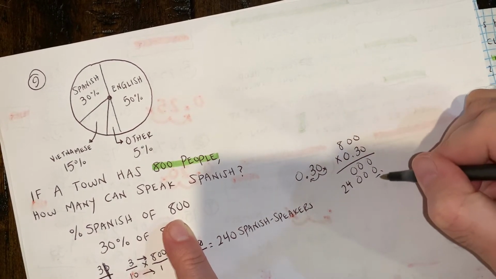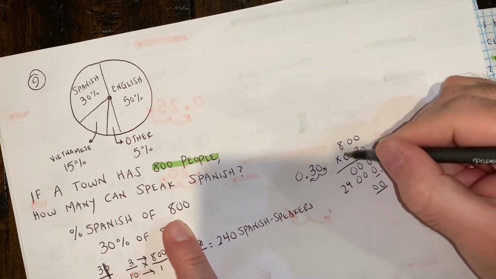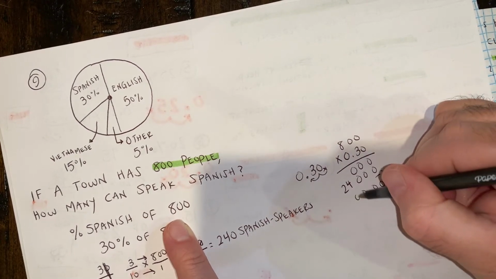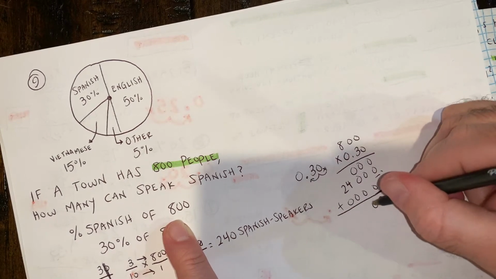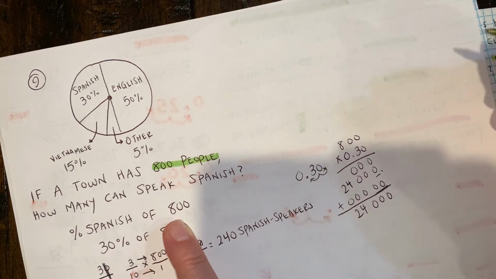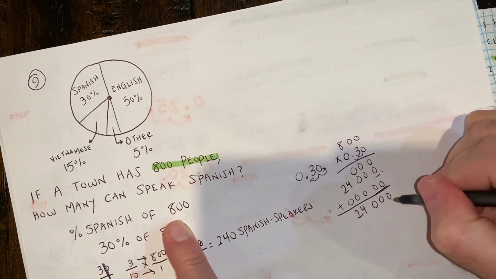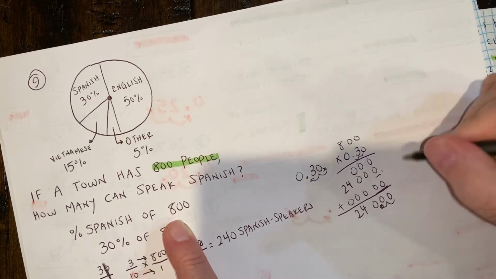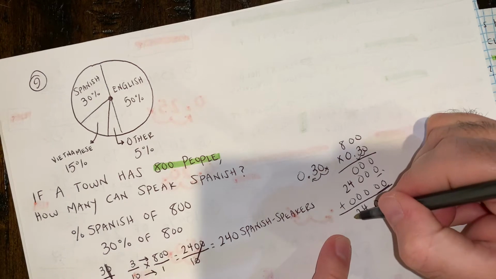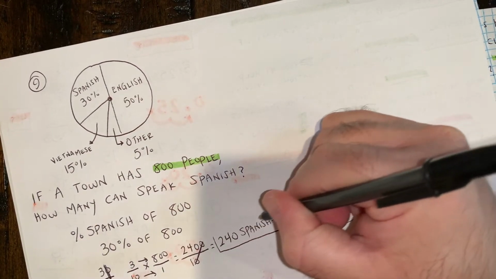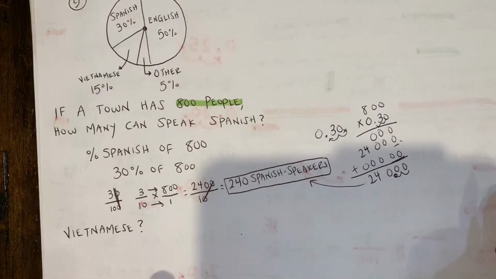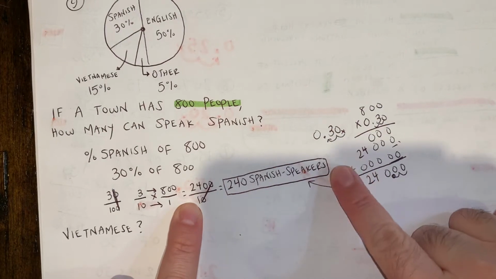You go down another level, so that's 2 zeros. Then 2 decimals. So you can see it still gives you 240 Spanish speakers.